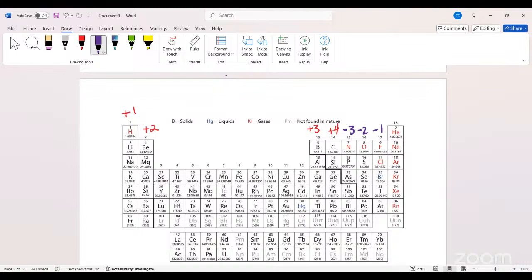So anytime the red combines with the purple, in this particular example right here, if they combine together, those are going to be your ionic compounds, and they're going to swap charges.